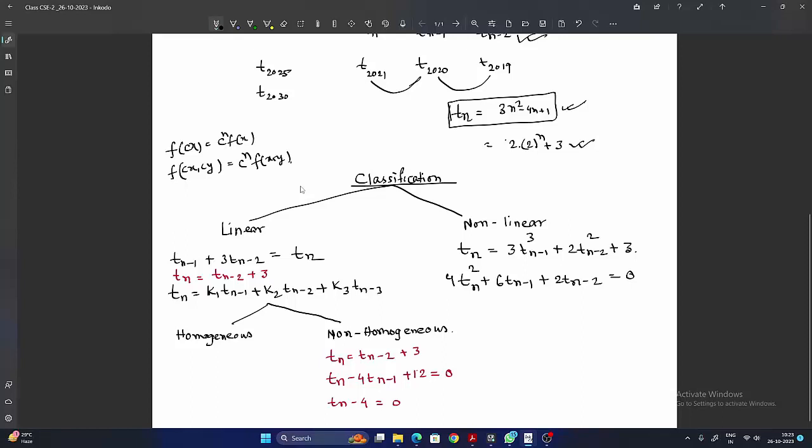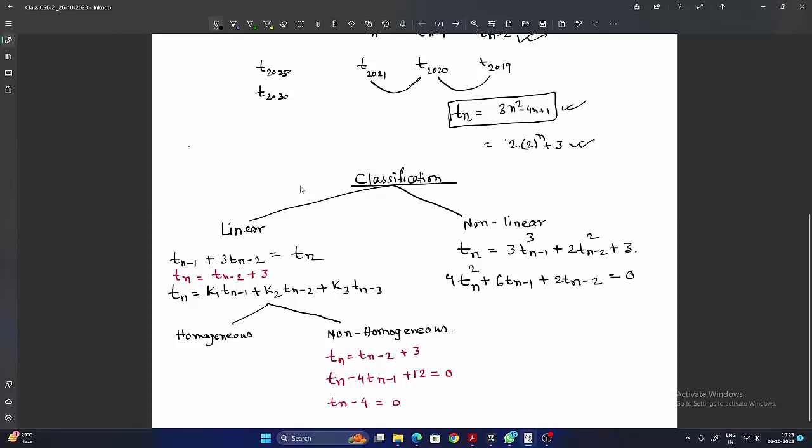This type of expression we call homogeneous, where you can take c to the power n outside. But if you put a 3 like this, you can't take anything out, because there will be no c. So if you have a constant term alone in the linear expression of the recurrence relation, these are classified as non-homogeneous linear recurrence relations, and all the other things are the homogeneous type.